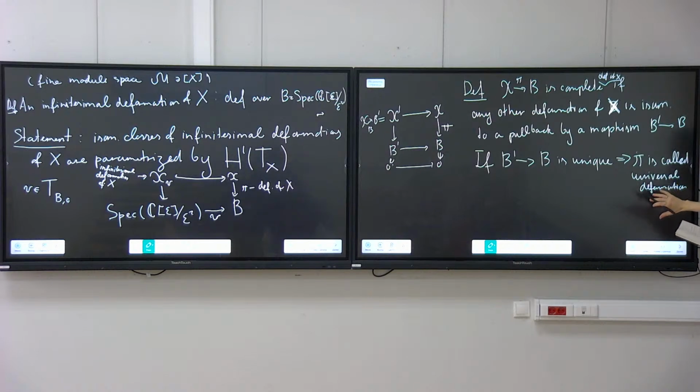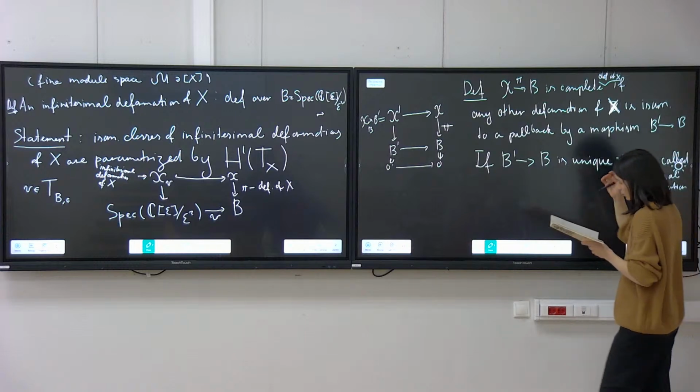And there is a slightly weaker notion of versal deformation.